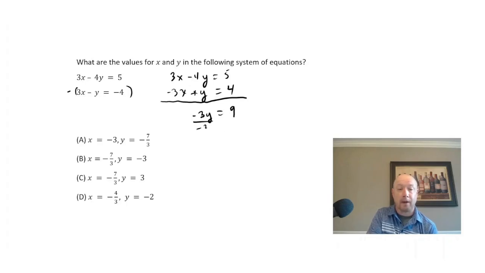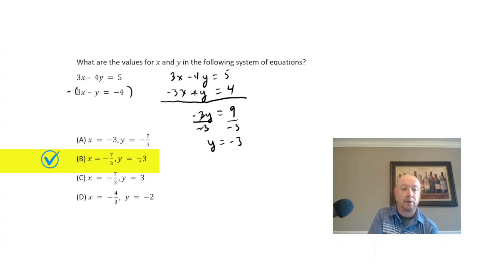I'm going to divide both sides by negative 3. I get y equals negative 3. So the only answer choice on here is choice B, where y equals negative 3. Now we could also come up with our x value so we can double check. If we took, let's say, the bottom equation, 3x minus negative 3 equals negative 4, we would get 3x plus 3 equals negative 4.